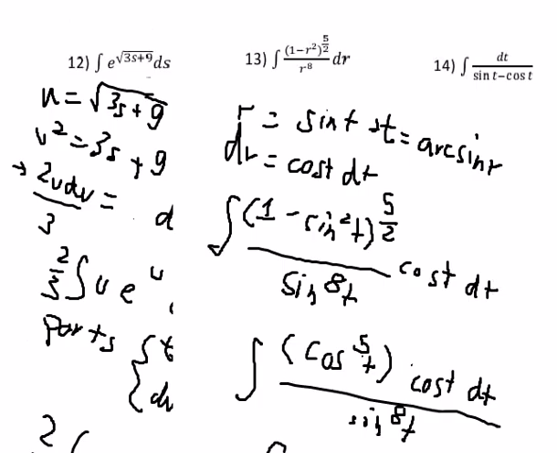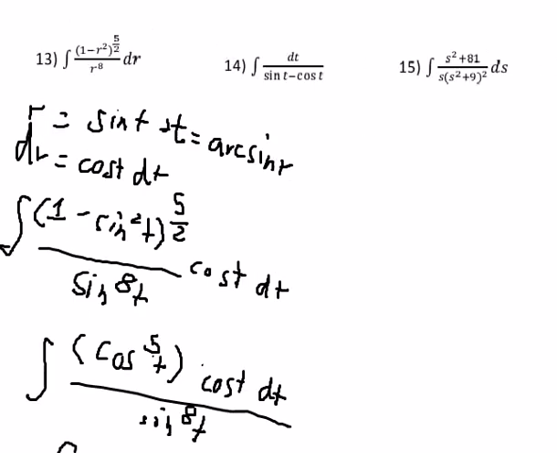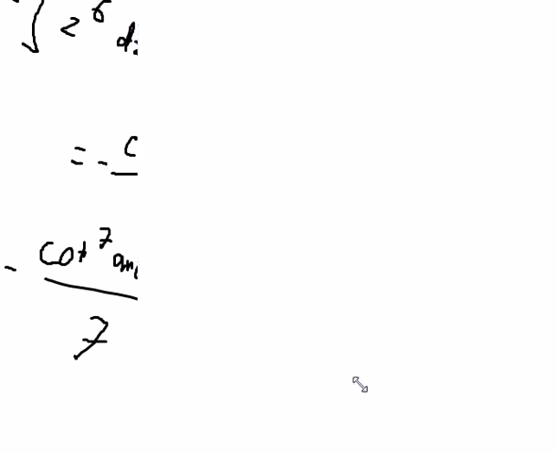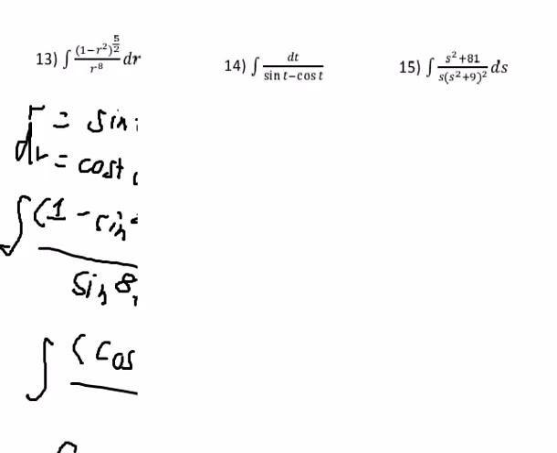Now let's go to number 14. Z equal to tan s over 2.